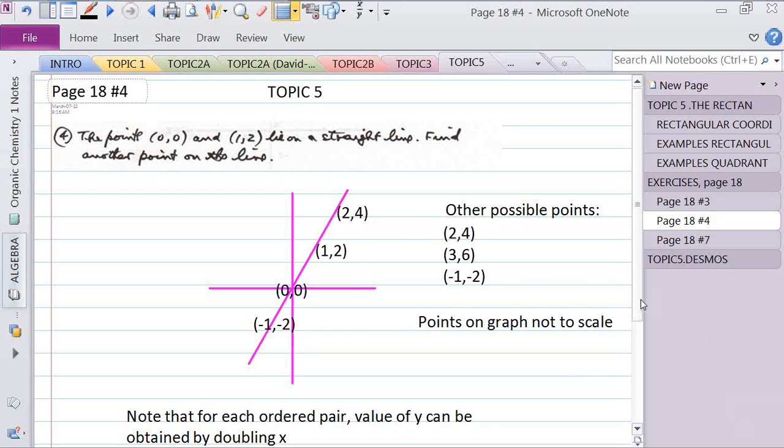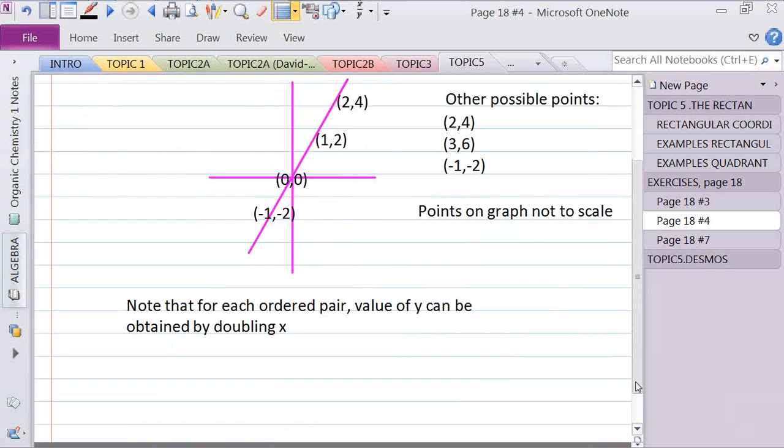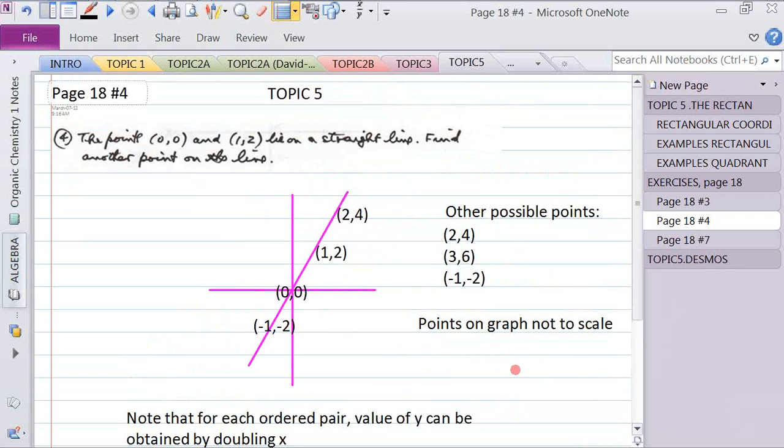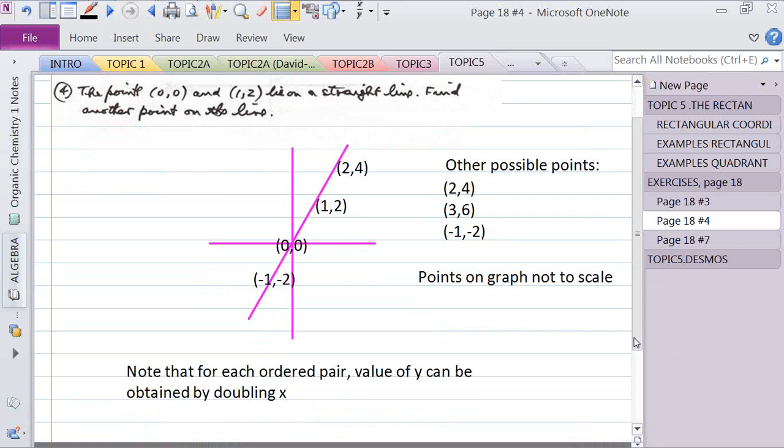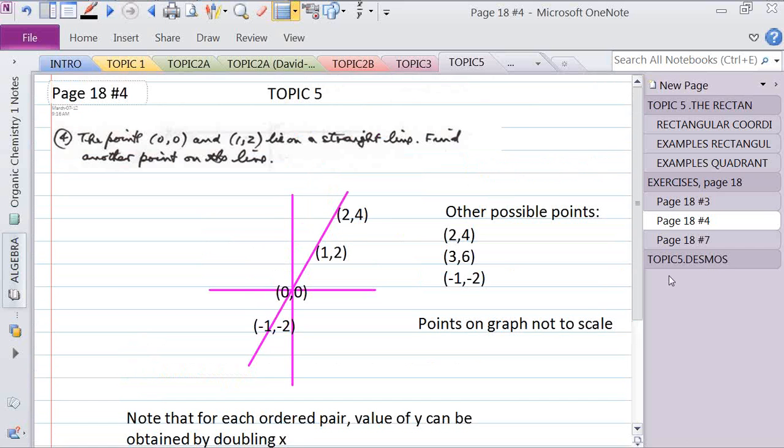So there are many other examples. We could, for example, say 3, 6, because y is always double x. So any one of these answers would be satisfactory. And obviously, there's an unlimited number of answers to this problem. Try to keep the answers with low numbers.